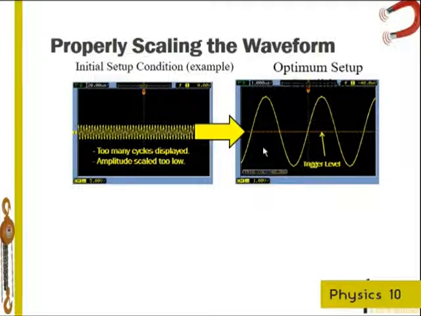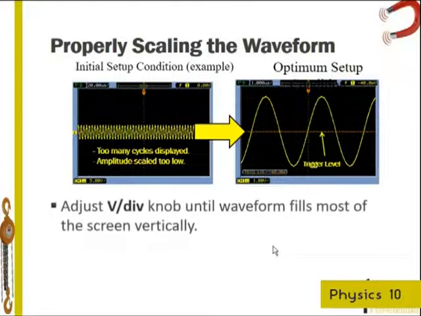So you can actually set up an optimum arrangement whereby you have your waveform in such a way that it is easy to deal with and to read in terms of the x and the y coordinates of that waveform. In other words, the time and the voltage.